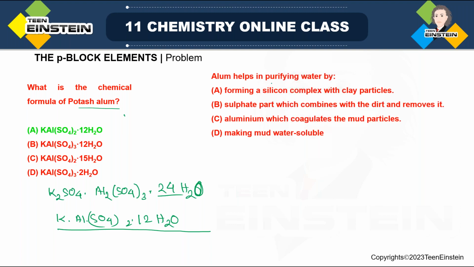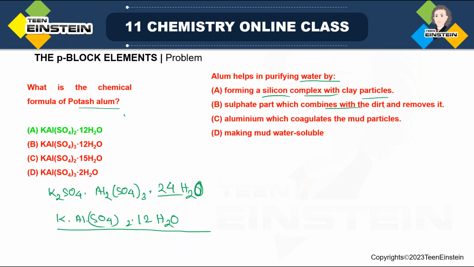Application oriented question. Alum helps in purifying water. Remember the first application in the previous slide we have seen. But how does it do so? It is true that it can be used for purifying water, but what is the mechanism? It forms a silicon complex with clay particle. Now, where is silicon coming from? It cannot be true at all, right?